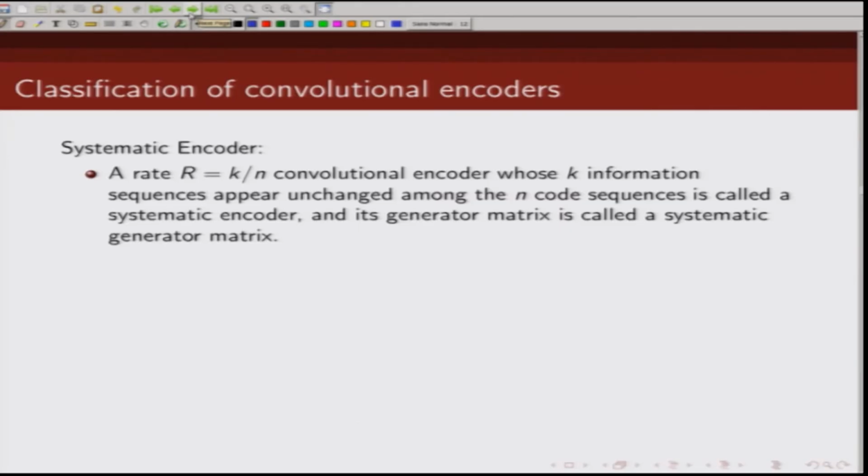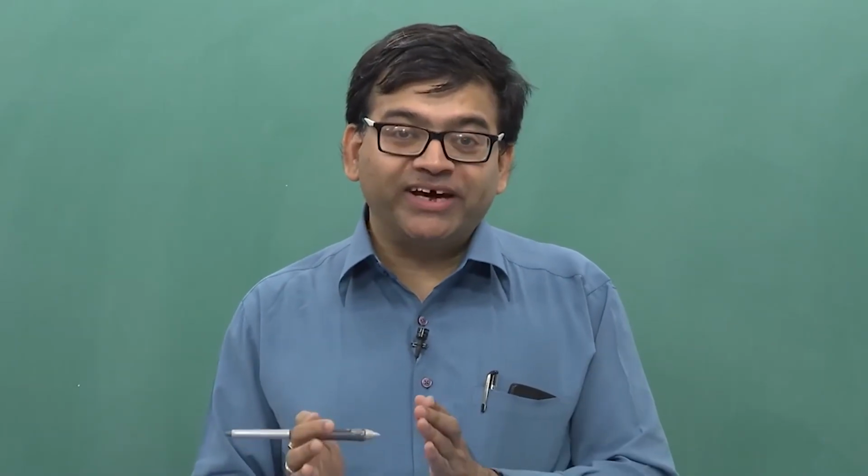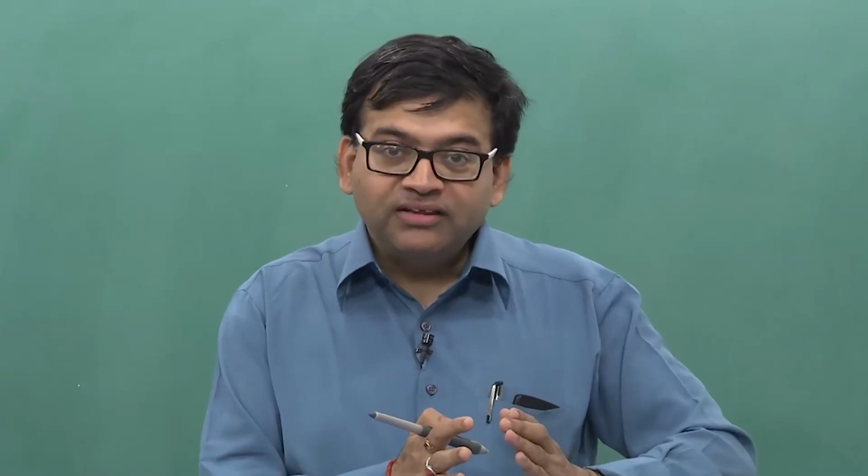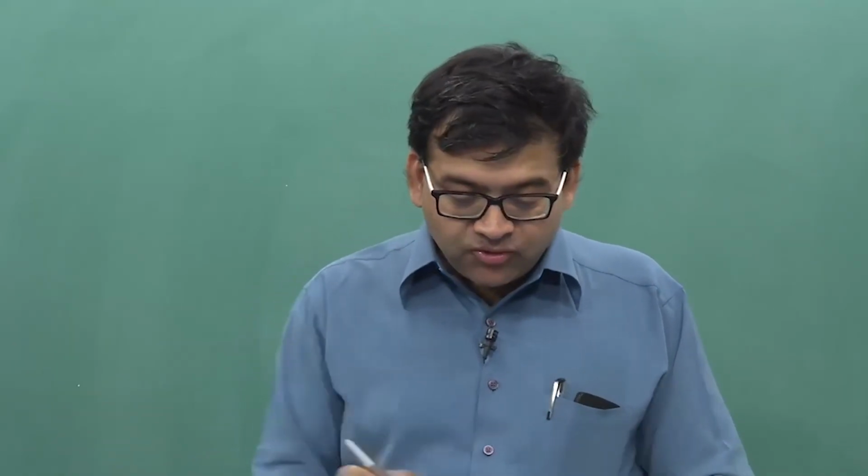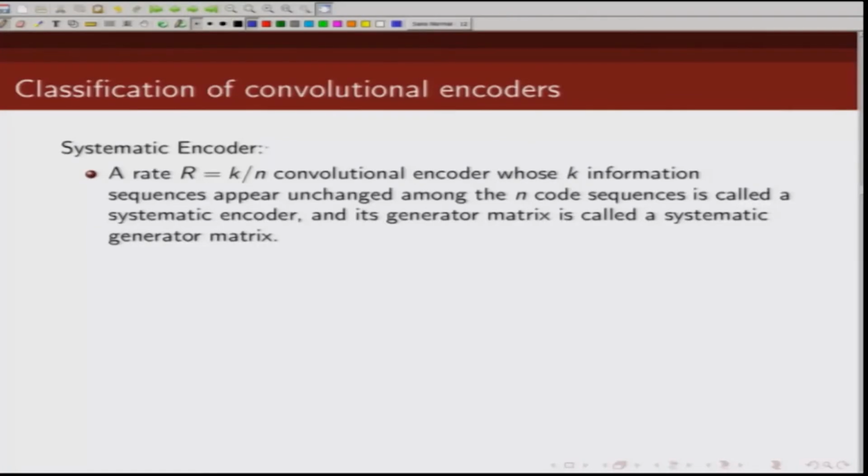The next classification that we are going to talk about is based on output bits, whether we can separate out the information bits from the coded bits. So, in a systematic encoder, a rate k by n systematic encoder, the k information bits appear unchanged in the output.